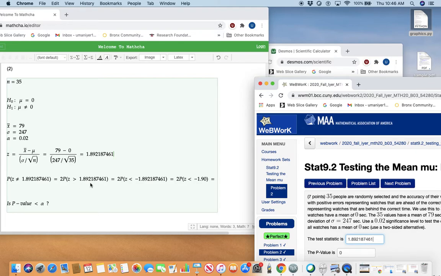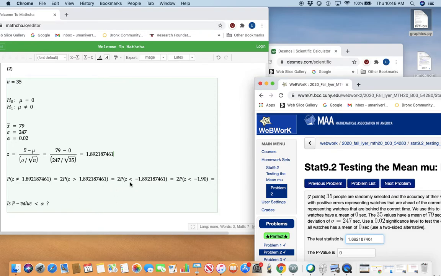It is the same as saying twice the probability z less than the corresponding negative value. Notice not equal is twice the probability z greater than. Had this been negative, you would have said less than. So it doesn't matter. If you are positive, you're going to the right. If you're negative, you're going to the left. And that's what you would use.